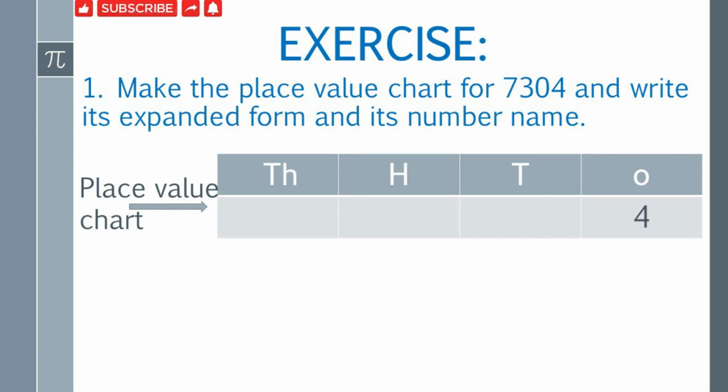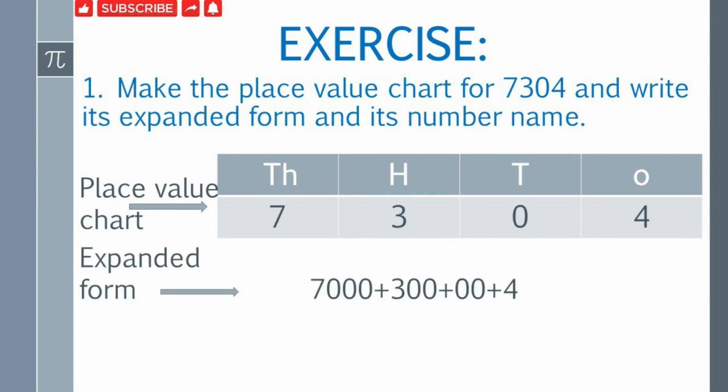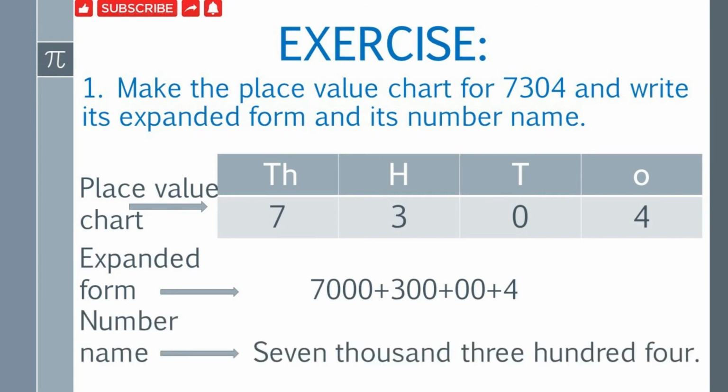The digit 4 is present at ones place, second digit 0 is present at tens place, 3 is present at hundreds place, and the last digit 7 is present at thousands place. And its expanded form will be 7000 plus 300 plus 0 plus 4, and its number name will be seven thousand three hundred four.